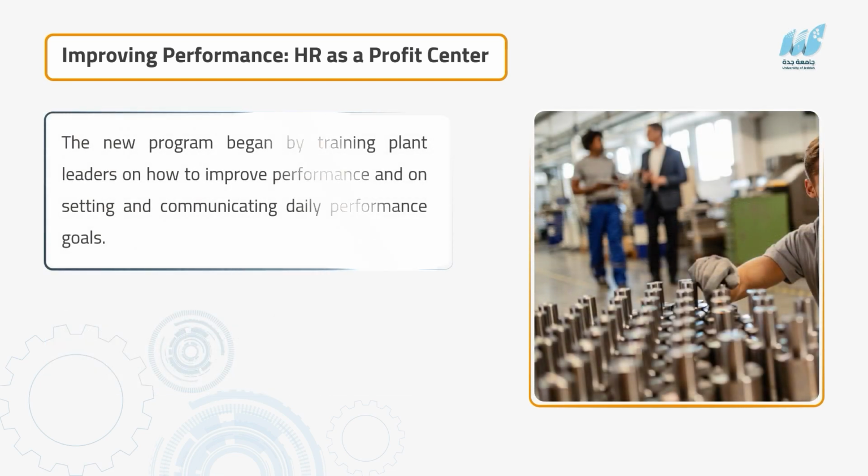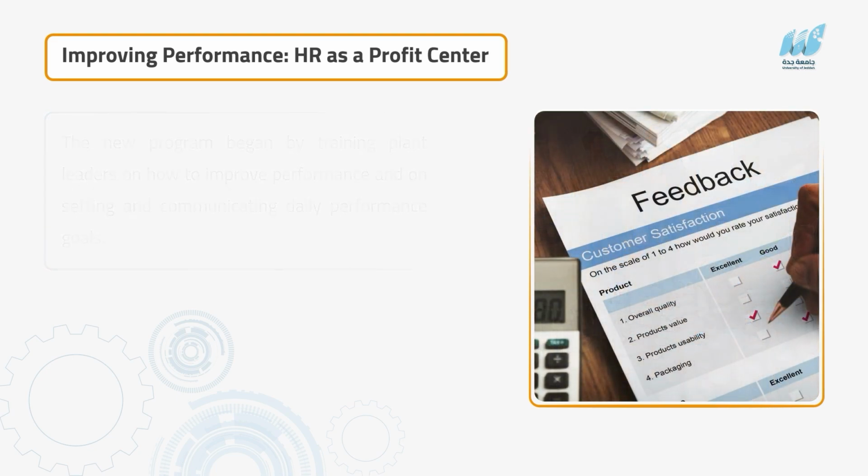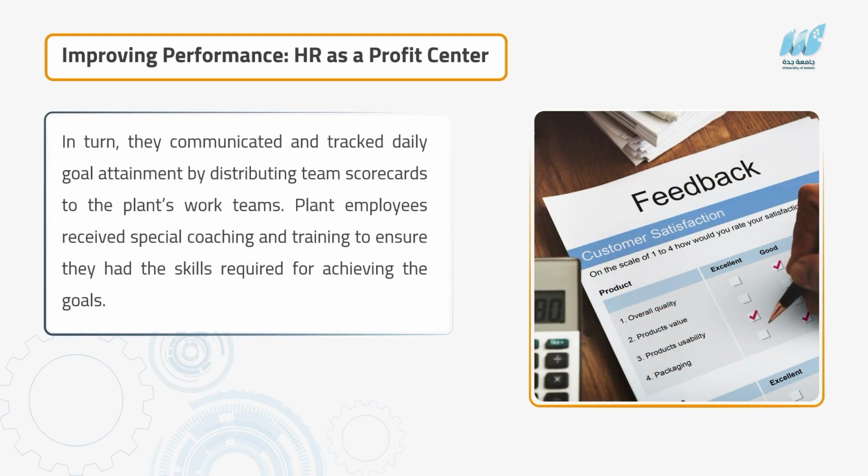The new program began by training plant leaders on how to improve performance and on setting and communicating daily performance goals. In turn, they communicated and tracked daily goal attainment by distributing team scorecards to the plant's work teams.